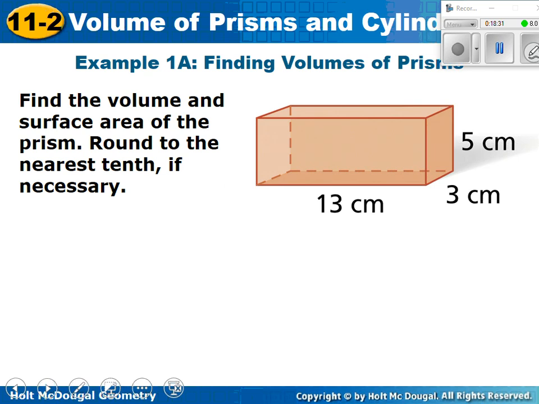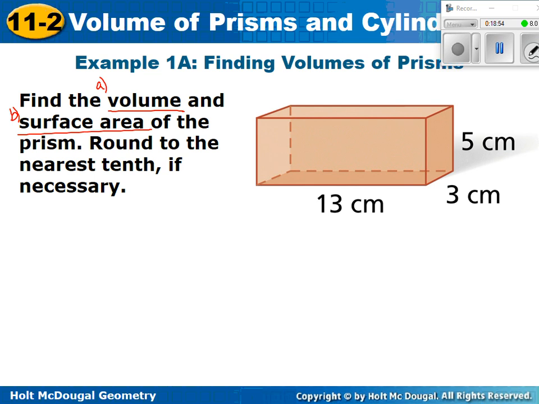Okay, so first problem says find the volume and surface area. So make sure that you're doing both. Biggest mistake I see on the homework is students only finding one thing or the other. Volume and surface area, round to the nearest tenth if necessary. Number one rule today and Wednesday and Friday: start with writing your formula.